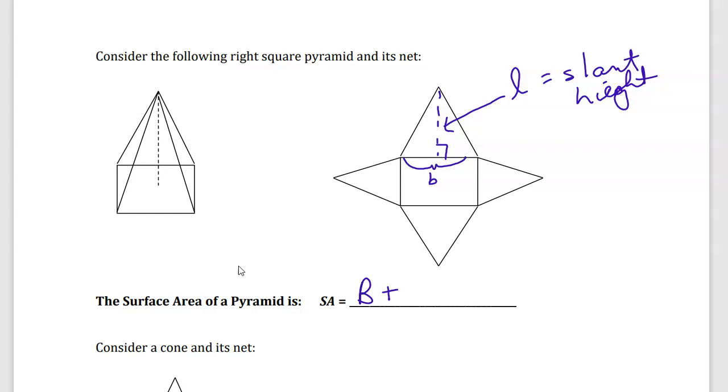And so we have the area of this triangle, which is 1/2 the B times the slant height. And in this case, we have a square, but maybe we have a pentagonal or a hexagonal or whatever. And so we're going to say plus n, and n is equal to the number of sides. So however many sides we have. In this case, we have 4, so that would be a 4 there.